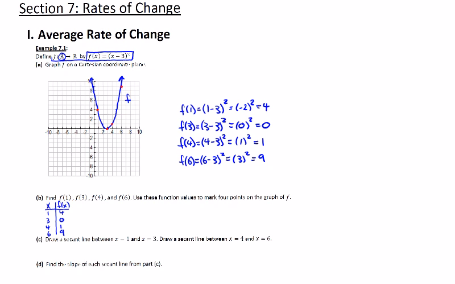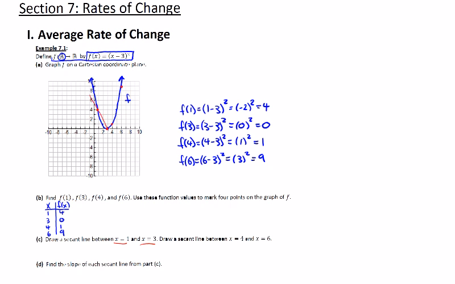Part C says draw a secant line between x equals 1 and x equals 3. A secant line is just a line that ends up crossing 2 points on a function. So we have our function here, which is the parabola shape, and we already have the points marked that go with x equals 1 and x equals 3. All we have to do is connect the dots with a straight line.